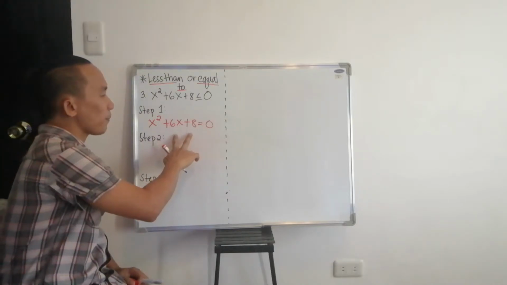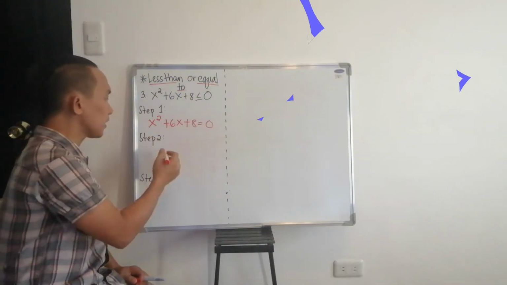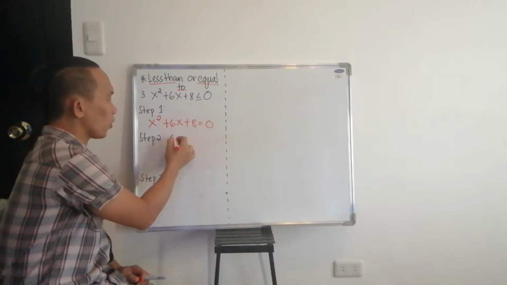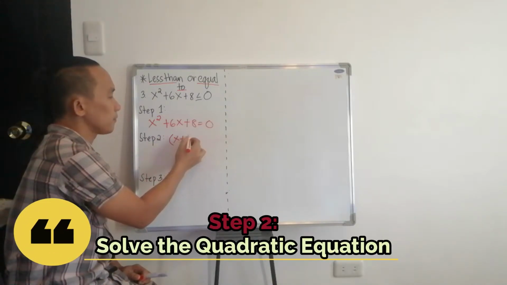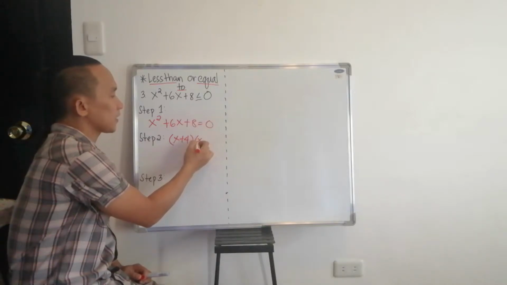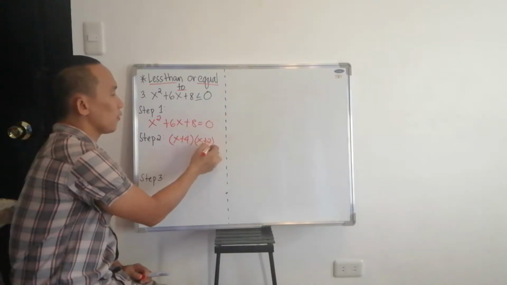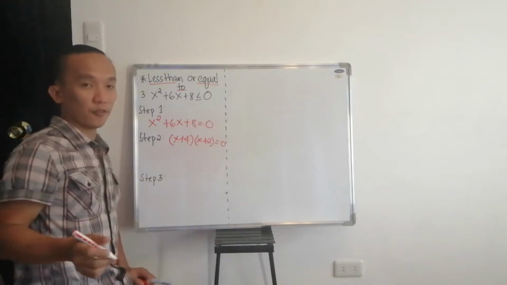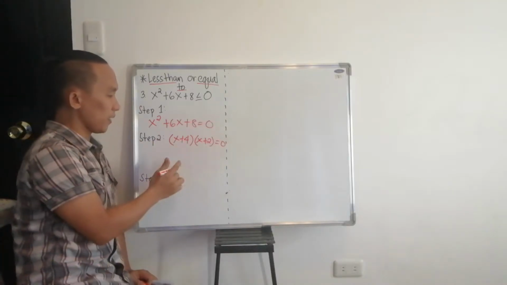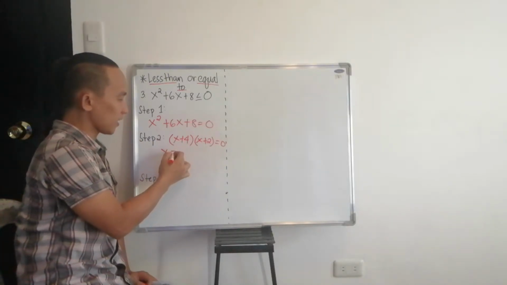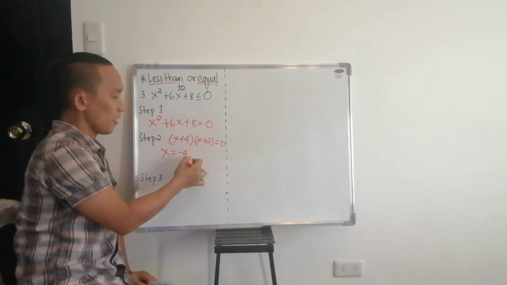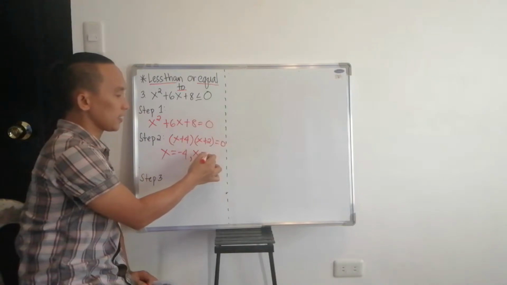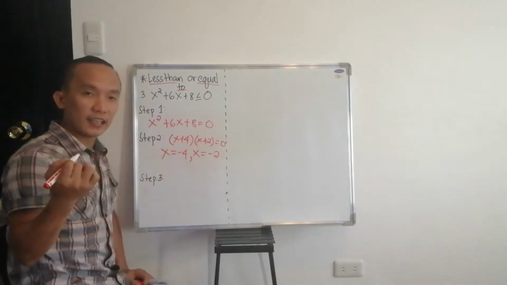Since the problem can be factored, we factor it as x plus 4 and x plus 2 equal to 0. Our roots become x equals negative 4, since this is positive, and the other one is x equals negative 2.